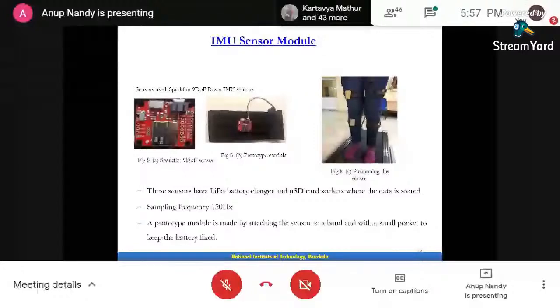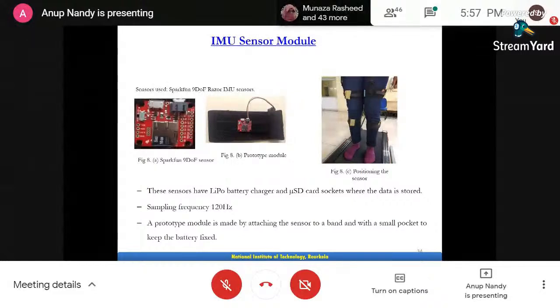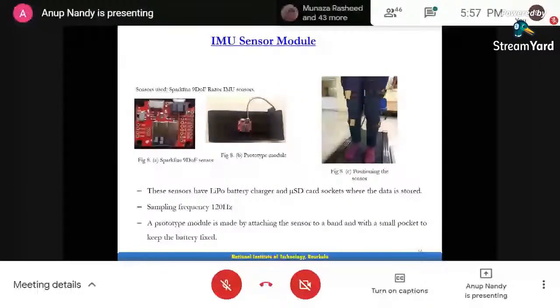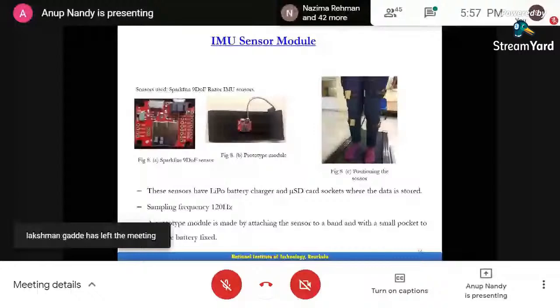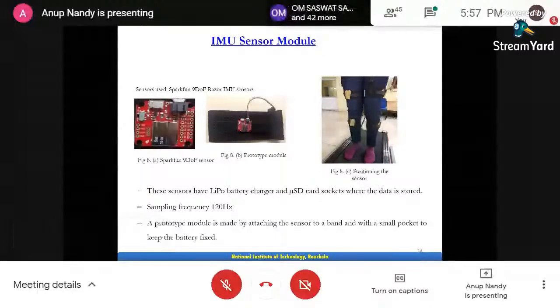The person is just wearing these sensors, and whenever you capture data, the linear accelerations from the accelerometer and angular velocity from the gyroscope are automatically stored on the micro SD card. Here, as we can see, a SanDisk 16 GB micro SD card is embedded into this sensor.